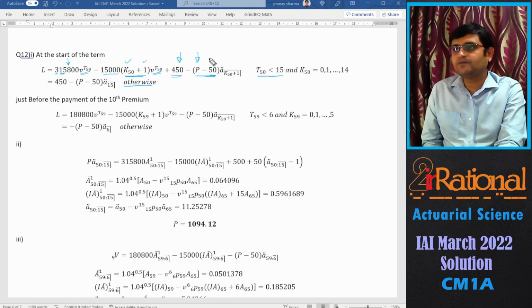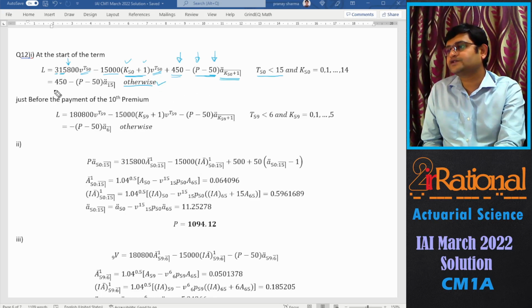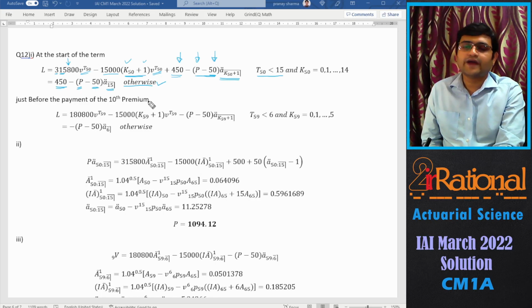This is our premium minus the renewal expense payable annually in advance. Now, if the death does not occur within the first 15 years, then we will have our initial expense, premium, all complete 15 years of premium paid, as well as the renewal expense paid.